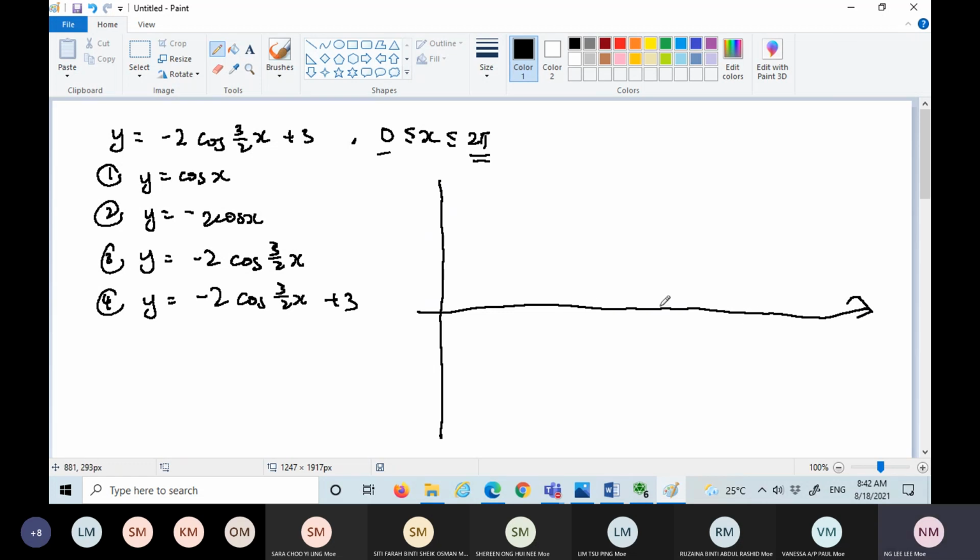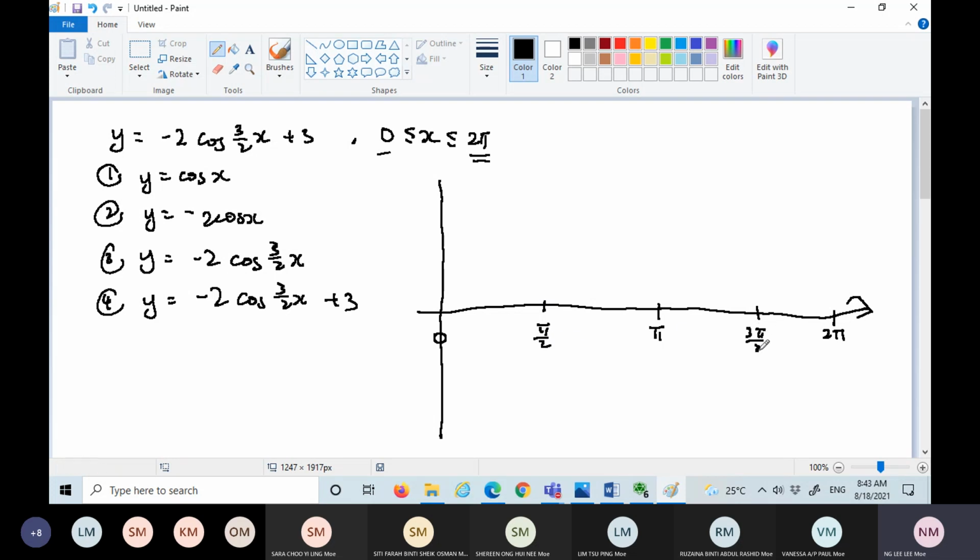When you draw, please use a ruler. This one I'm going to just, so 2 pi. Let's say 2 pi is here, so 0 is here. Middle is pi, and then middle again, and then middle again. So this is half of a pi.